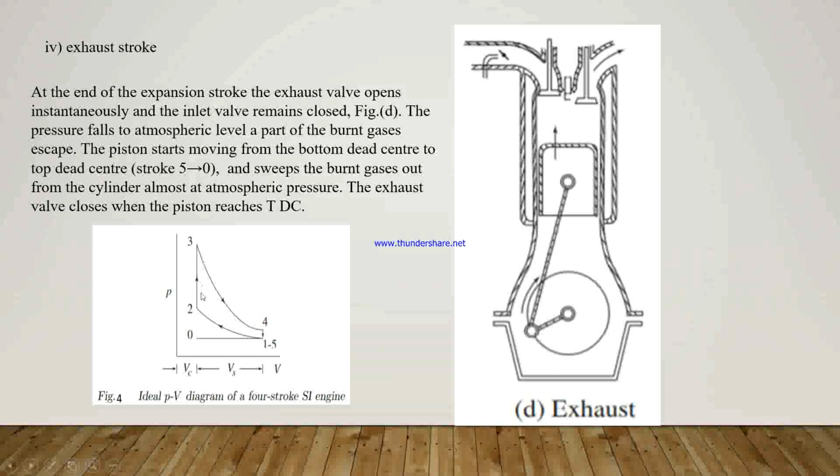Again 2 to 3 there is a pressure increase, and 3 to 4 is the power stroke, where work is done in this cycle, and because of that from 3 to 4 pressure and temperature decrease again. Then 5 to 0 is the exhaust stroke, where the exhaust valve opens and the piston moves from bottom dead center to top dead center, and because of that the exhaust gases or burnt gases escape from the cylinder.